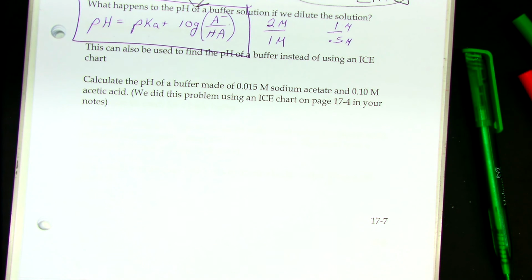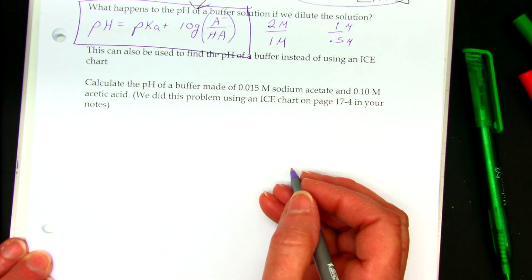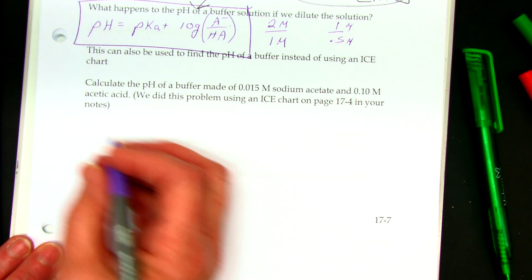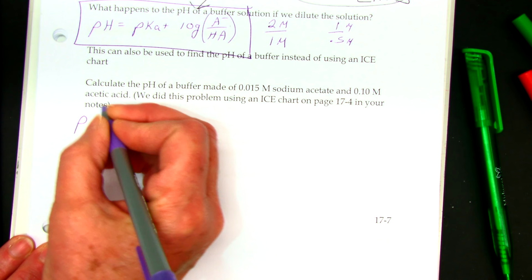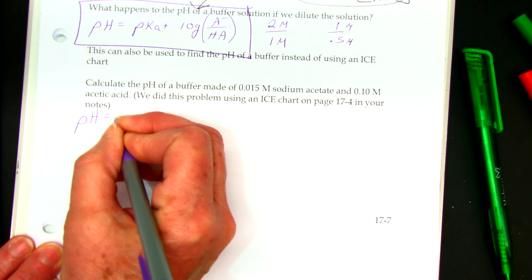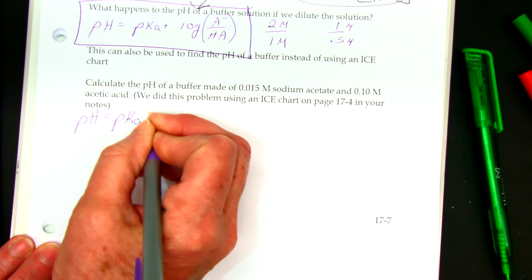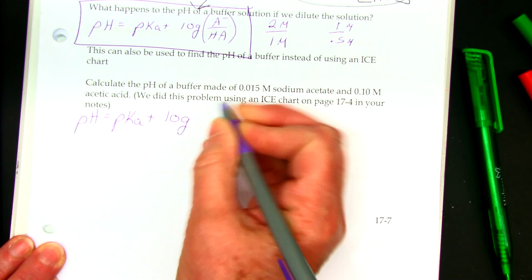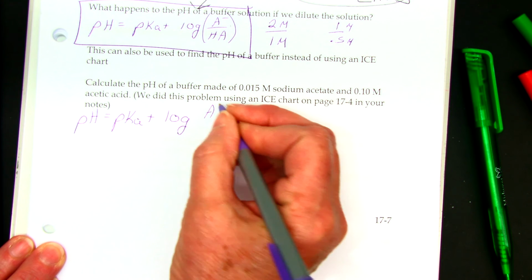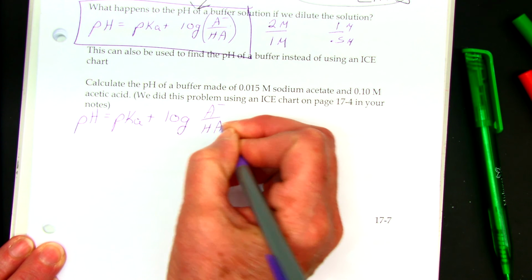This was the first problem we did with a buffer. And we said that the thing that was different is that we had an initial concentration under A- in our chart. So we've done lots of calculations with the chart. Now we can actually calculate the pH of a buffer using the Henderson-Hasselbalch equation also. So we know pH is equal to pKa plus the log of A- over HA.